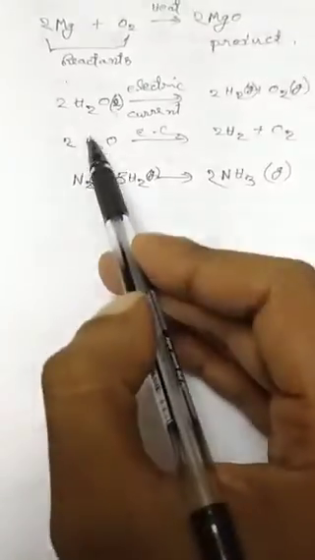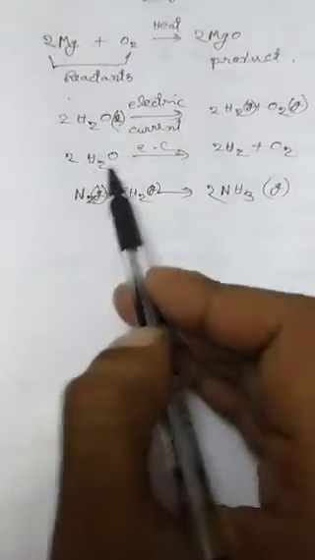That's why it is a balanced reaction. You can check the others too, these are also balanced equations. So evolution of smell also indicates a chemical reaction.